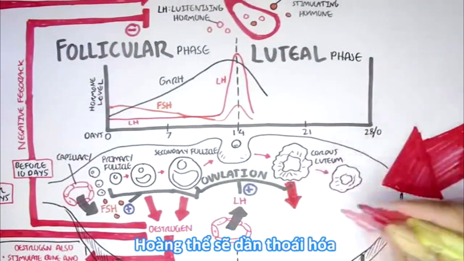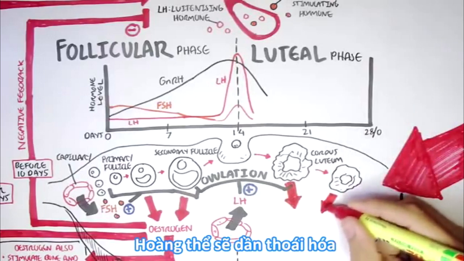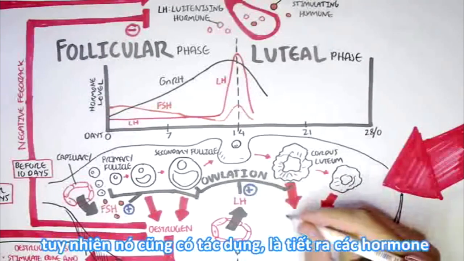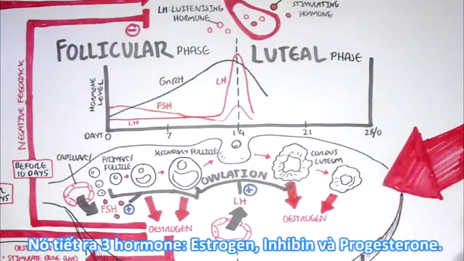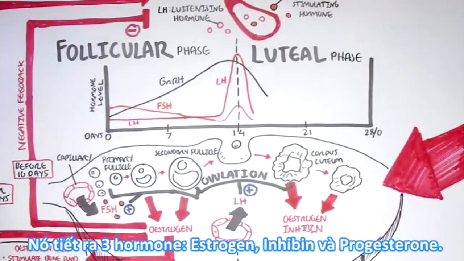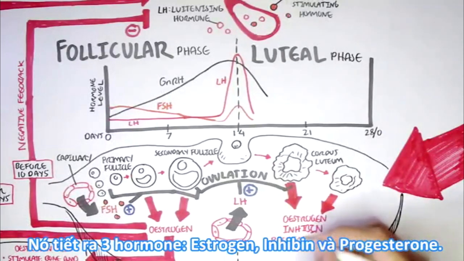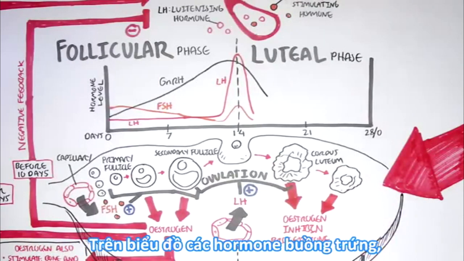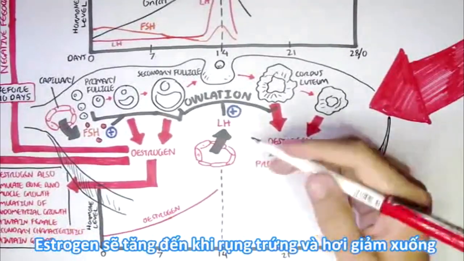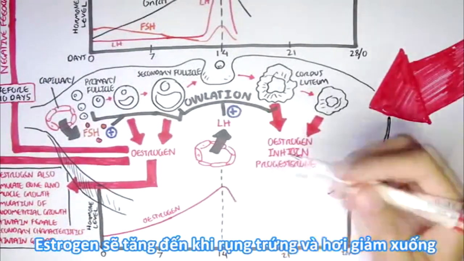The corpus luteum will essentially slowly degrade. However, it also has a purpose in that it secretes hormones. It secretes 3 hormones: estrogen again, inhibin, and progesterone. So what we see in the concentration levels of these ovarian hormones is that estrogen will increase until ovulation and then drop slightly.